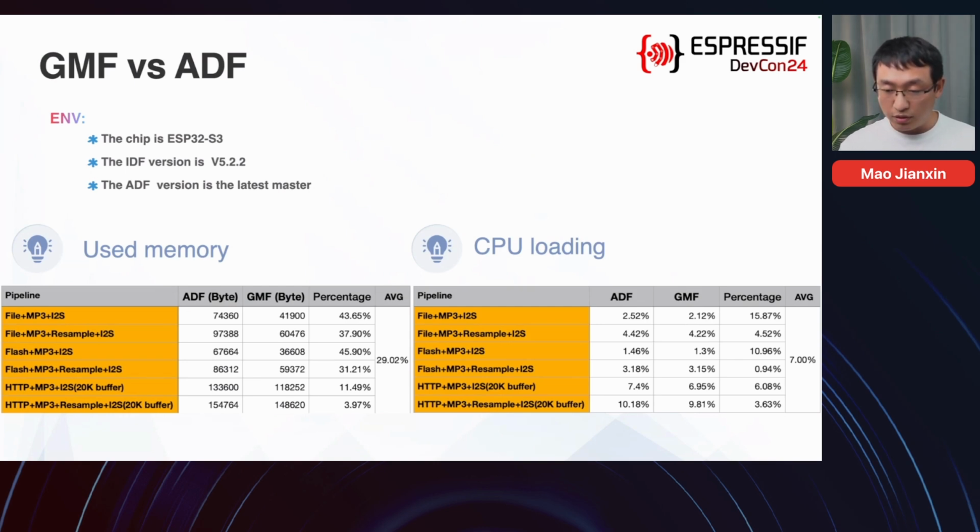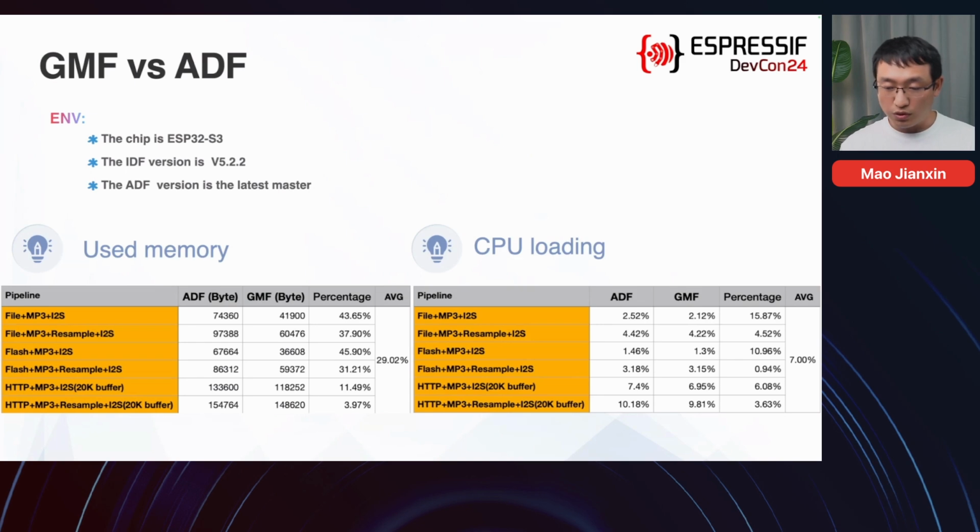We tested three audio sources: SD card, flash, and HTTP. For each source, we have two pipeline structures, one using resample and one not using resample. So there are six test cases in total.